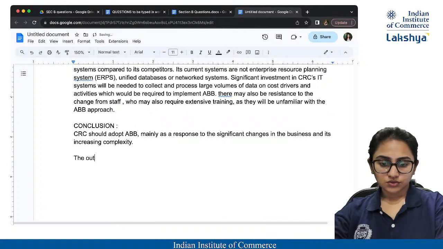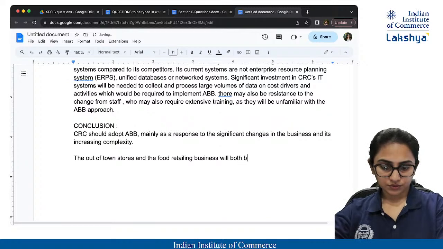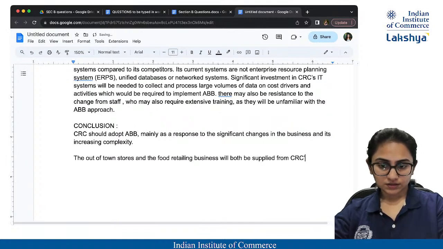The out-of-town stores and the food retailing business will both be supplied from CRC's existing central warehouse.